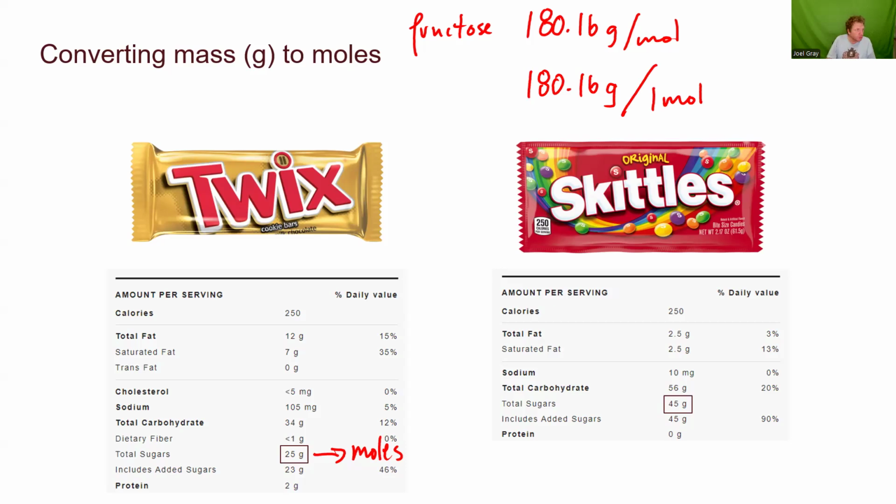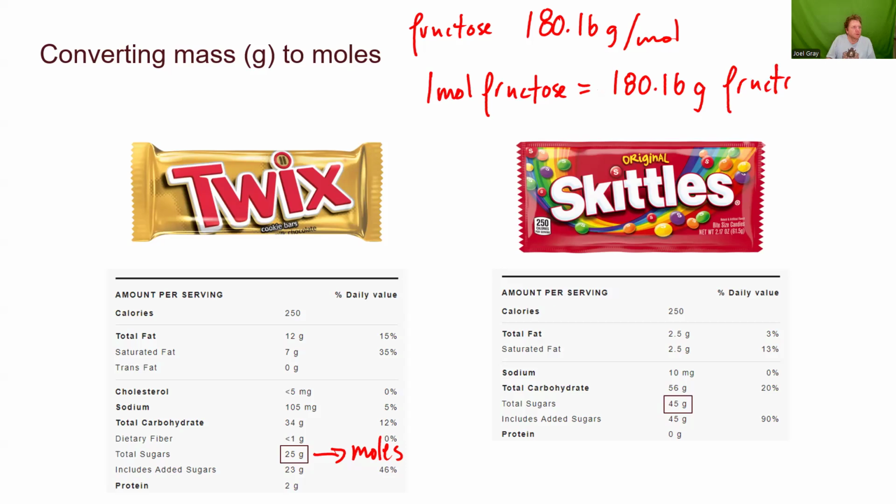So I'm going to rephrase this, and I'm going to say 1 mole fructose is equal to 180.16 grams of fructose. Okay, it's the same thing. I just rephrased it. I presented it slightly differently. Now, we talked about and worked with dimensional analysis a little bit previously.